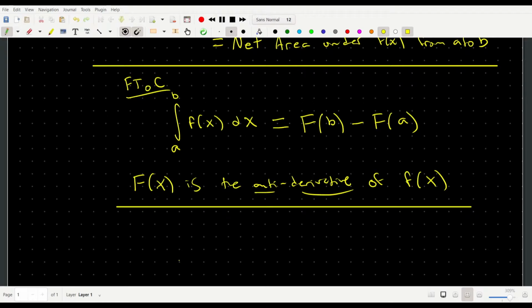You might have seen applications to probability theory, which is not a physical application, but it's a super important application in terms of understanding probability and statistics.